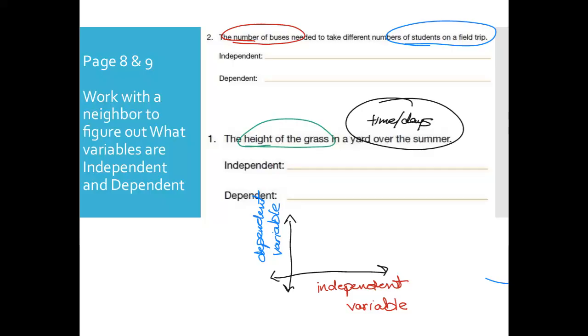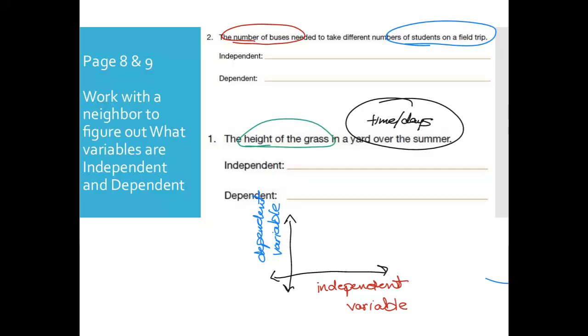Or do you think the number of students that go on the field trip determine how many buses we need? So I think each student is in different buses. Well, they don't have to be. But the buses have to be a number. So how many students are in the bus? Right. So I have to switch them. Maybe. We're trying to figure out dependent and independent. So which one determines the other one?